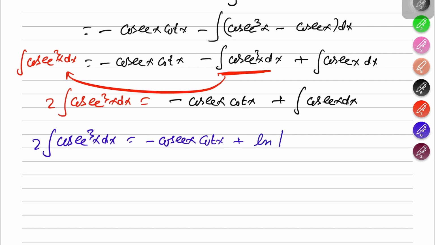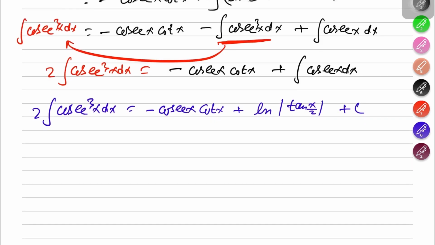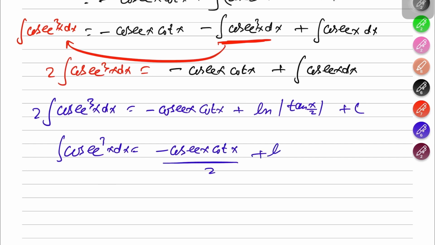The integration of cosec x dx we have already done: it is ln mod of tan x by 2. In the previous video I showed that you can use any of the forms, and tan x by 2 is simple, so I am using tan x by 2, plus constant. So the integration of cosec cube x dx is equal to minus cosec x cot x upon 2 plus ln tan x by 2 upon 2 plus some constant.